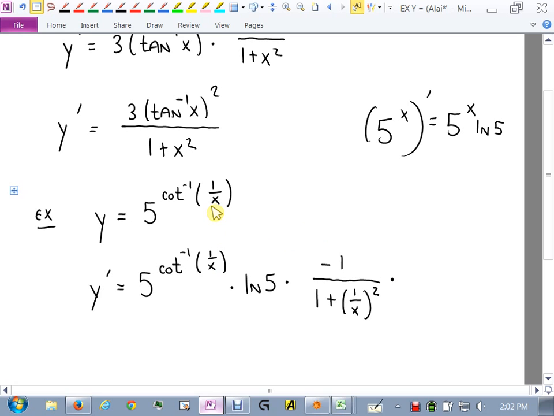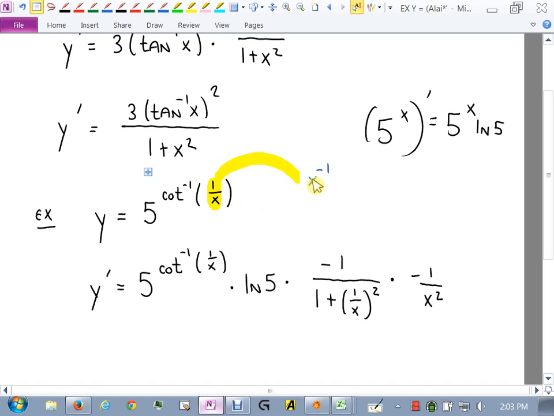What's the derivative of 1 over x? Negative 1 over x squared. That's the same as x to the negative 1, right?